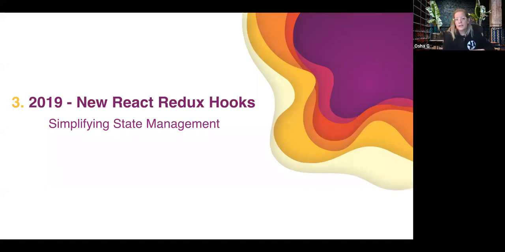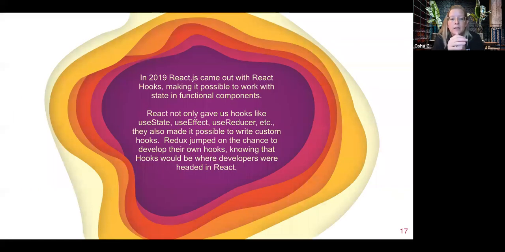But then in 2019, when we got the React hooks, we now have the React Redux hooks, and it's just taking that simplification of state management to a whole new level. So in 2019, React came out with hooks, which made it possible to work with state in functional components. We no longer needed these kind of confusing class components.